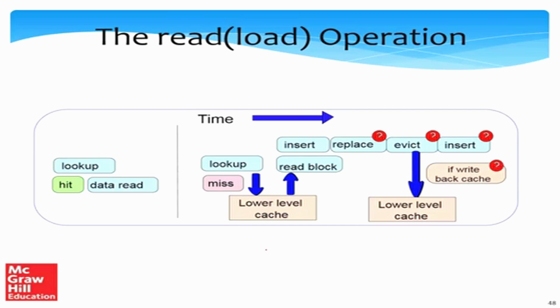Alright, let's take a look at all of these operations in a diagrammatic fashion. That will hopefully clear up things. Let's take a look at the load operation. To load something, we can do a lookup. Lookup essentially means that we access the set in the tag array, and we compare each entry in the tag array with the tag part of the address.